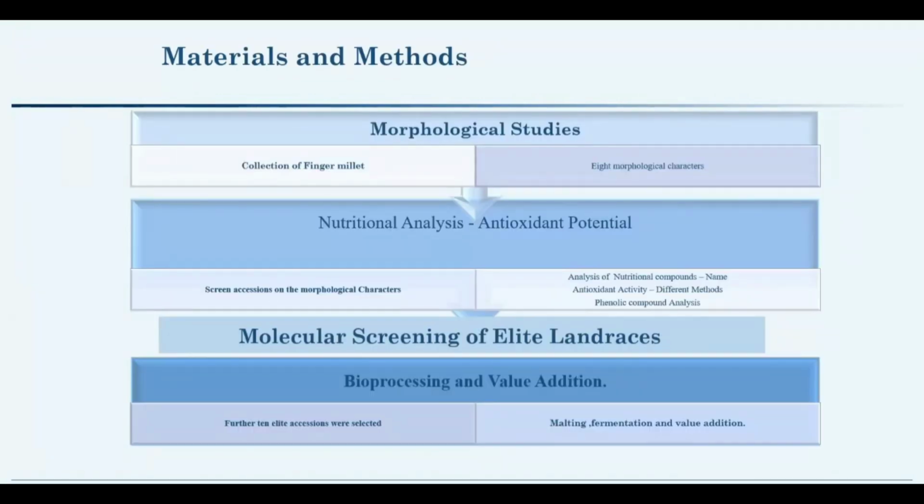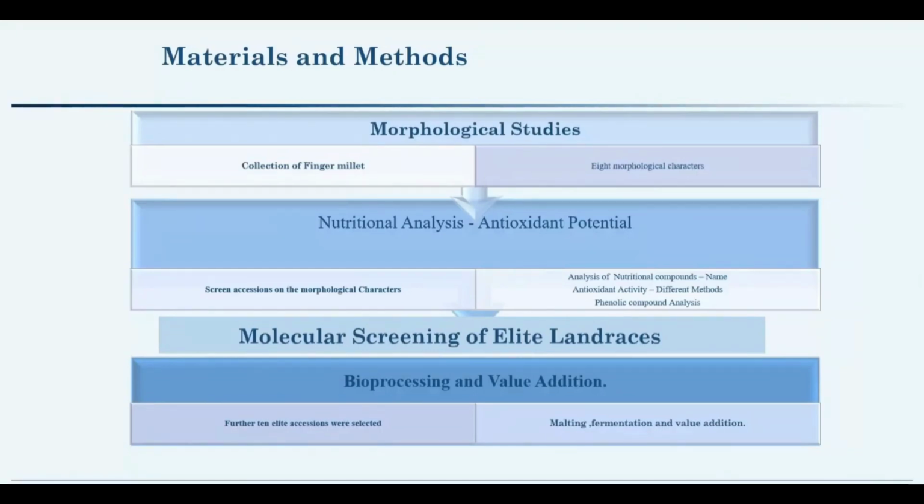Next, again, I'll emphasize the materials and methods because this is the most important part. For example, if you select the plant material, whether it is a plant species or a specific crop, then always think about how to begin with the research. First of all, obviously, you have to find out the nature of the plant material or the nature of that particular crop.